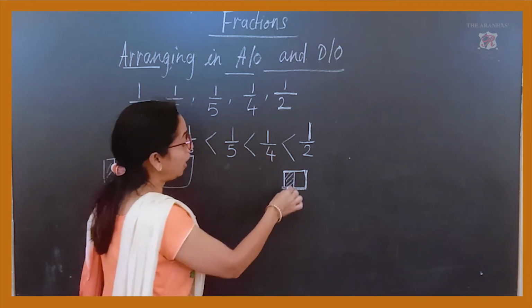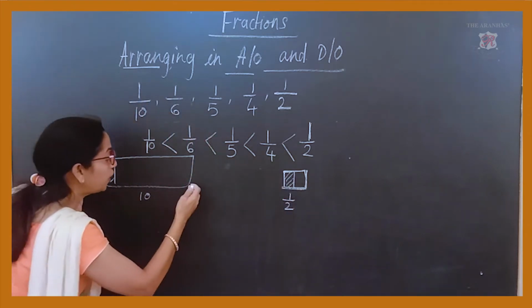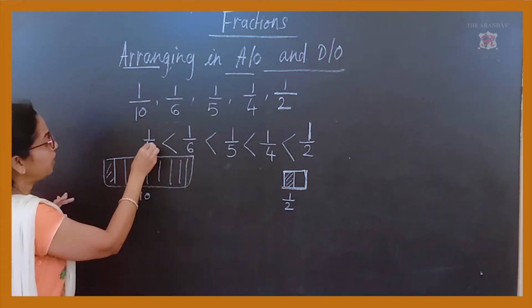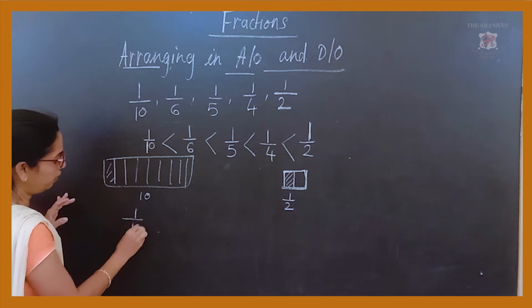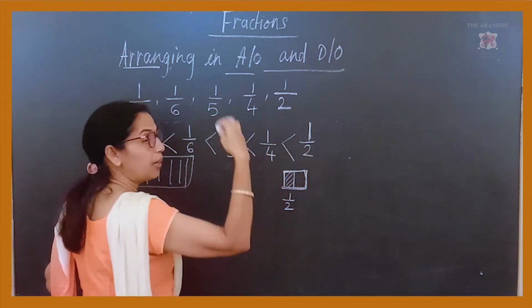It means out of 2 you have 1. But here out of 10 parts you are taking 1. So 1 upon 10 will be the smallest and 1 upon 2 will be the biggest.